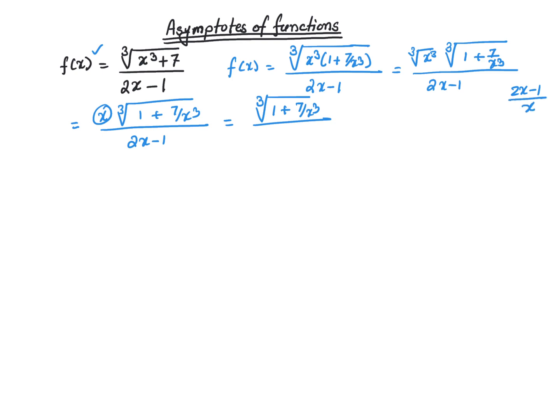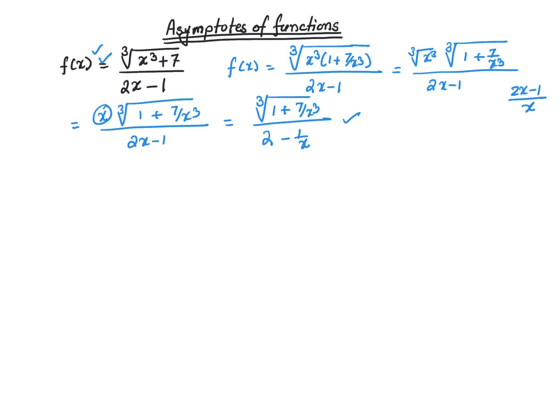So that's going to give me 2 minus 1 over x. Now finding the behavior of this function as x approaches positive infinity or negative infinity is going to be the same as finding the behavior of this function.